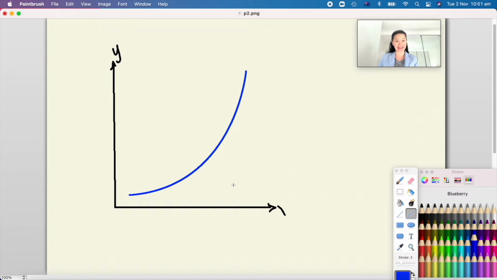Let me show you from here if we have a graph. Alright, it looks like this. Now, if our graph is y equals f(x), look at this carefully, guys. I have a line that cuts here, like this one.